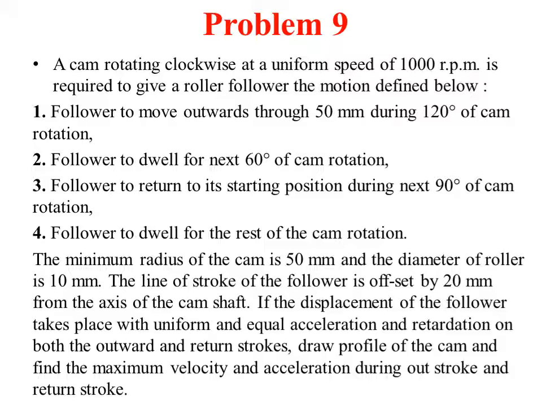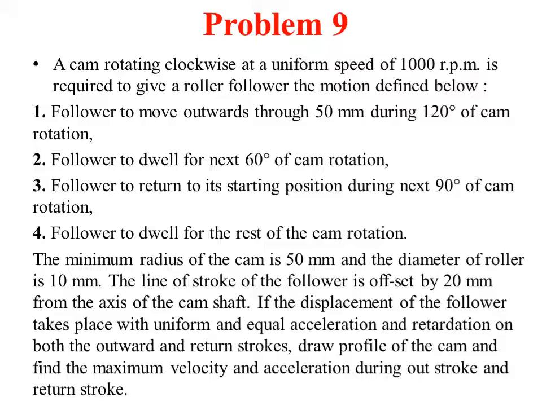For knife edge and for flat edge, there is no prime circle because the base circle and the prime circle are the same. But whenever there is a roller problem, we need to draw the prime circle. We'll discuss that in later problems.